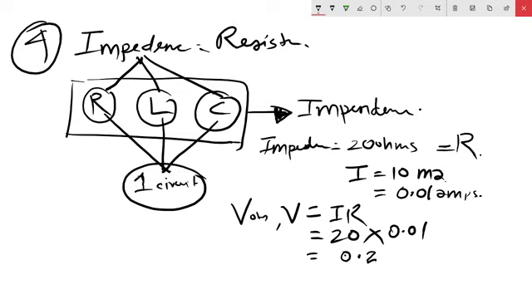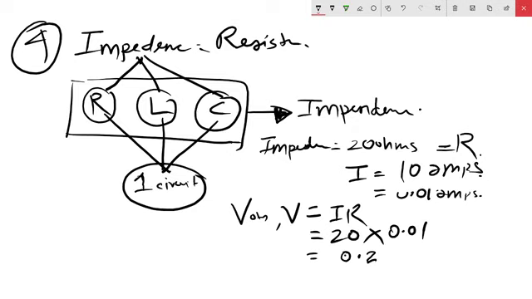Sorry, this is actually something different, I have taken another question. The I value they have given you is 10 amperes, directly in amperes. So 10 amperes, and then we have the R value here, which is nothing but 20 ohms.